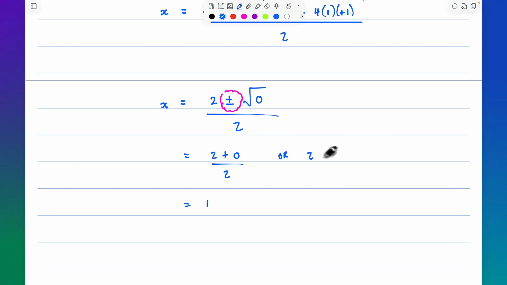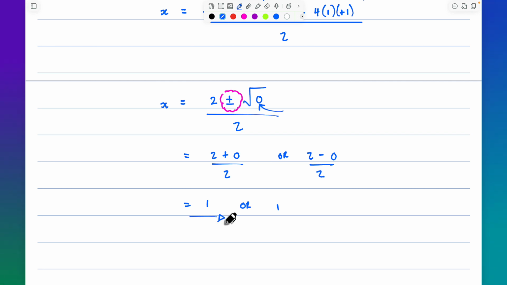So it becomes 2 minus the square root of 0, again 0, and then you divide it by 2. That gives you 2 divided by 2, which again is 1. So because the term in the square root was 0, we got the same solution. It just repeated itself.